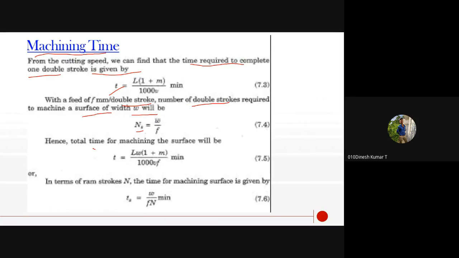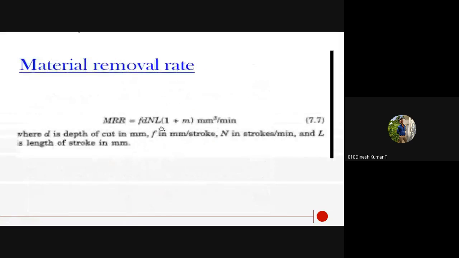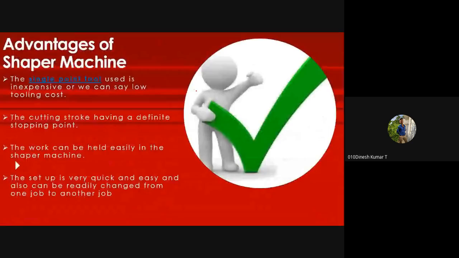The total time for machining a surface can also be calculated using T. In terms of strokes, the time for machining a surface is given by Ts. These are some of the formulas which can be used to calculate different parameters of machining time. Next, we can also calculate MRR, which means material removal rate, in cubic millimeters per minute, using this formula.